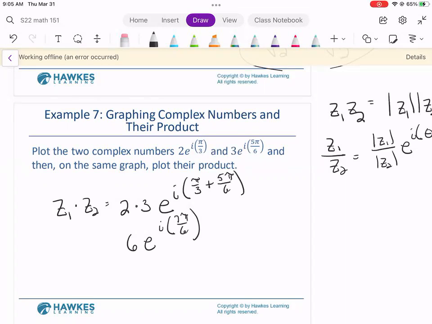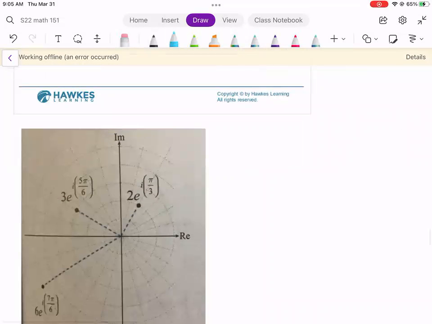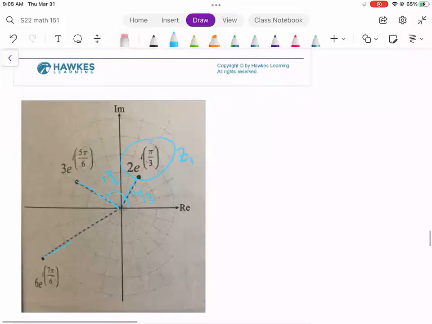And if I use those magnitudes and arguments to get my lengths and my angles, so here's my magnitude and my argument, for Z1, magnitude of 2, argument of pi over 3. Here, magnitude of 3, argument of 5 pi over 6. And then when I multiply them together, magnitude of 6, argument of 7 pi over 6.